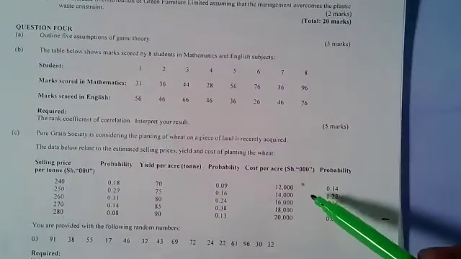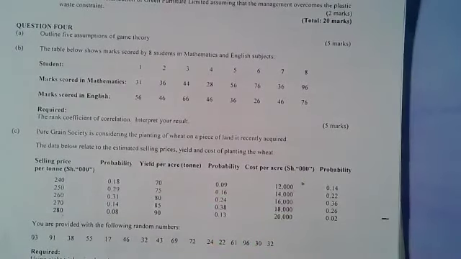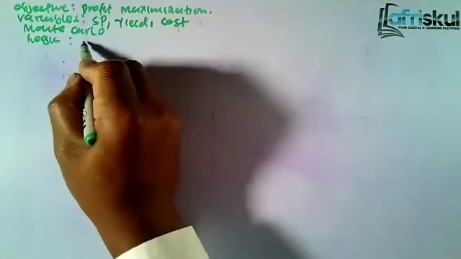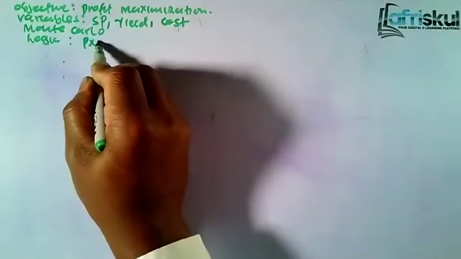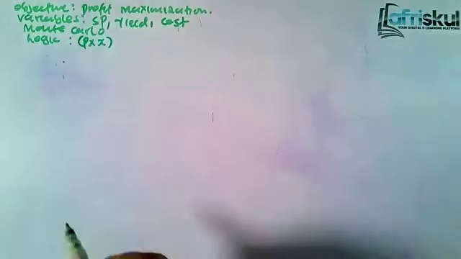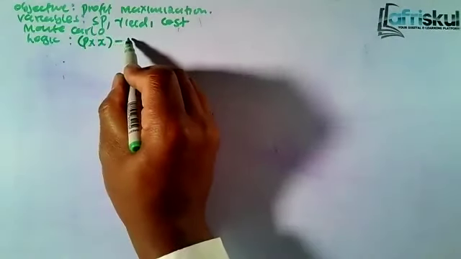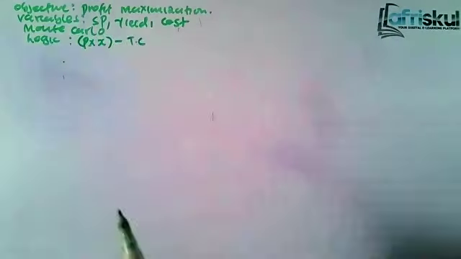It's not cost per ton, it's cost per acre. So for our logic, you take the selling price, you multiply by the yield to get the total revenue, and then you less the total cost.